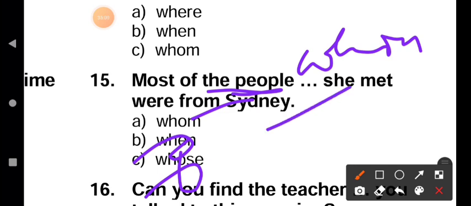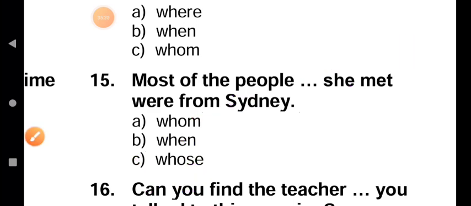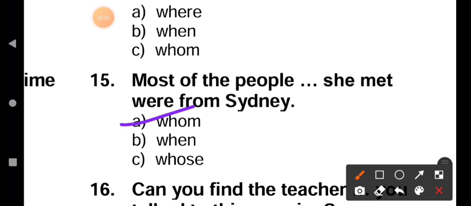Whom she met, objective pronoun. It is mostly in written language that we have to use whom. Who is also preferable, but who is not there. In the objective position, whom, in conventional writing, is the right answer, my dear students. Most of the people whom she met were from Sydney.